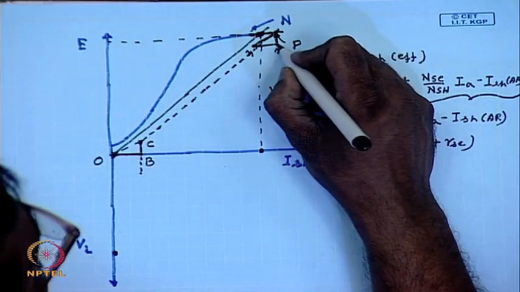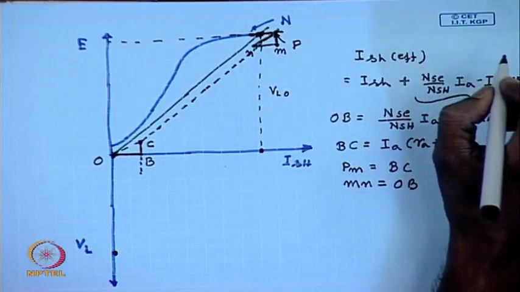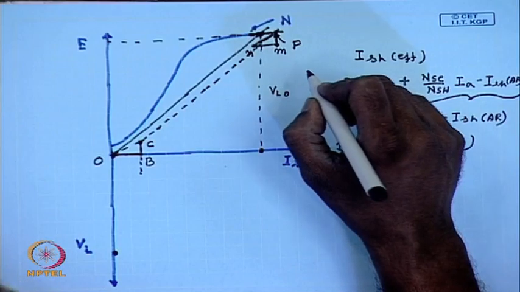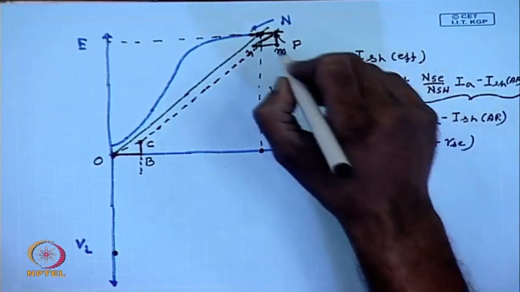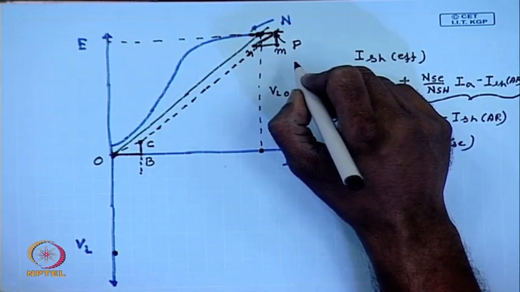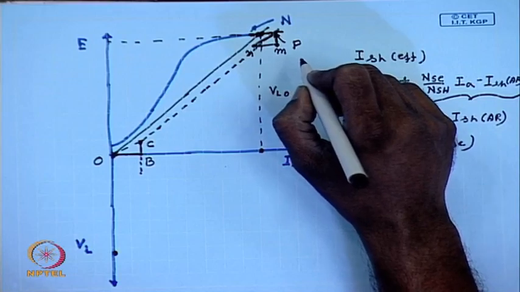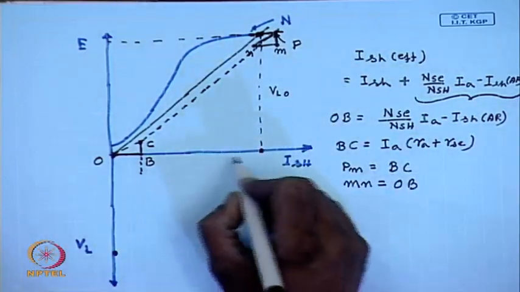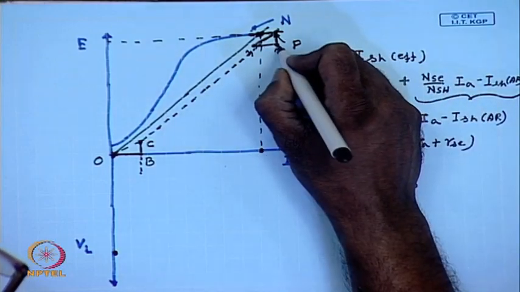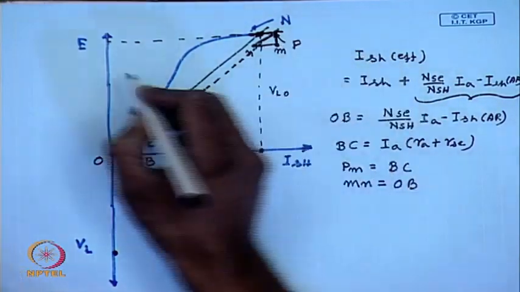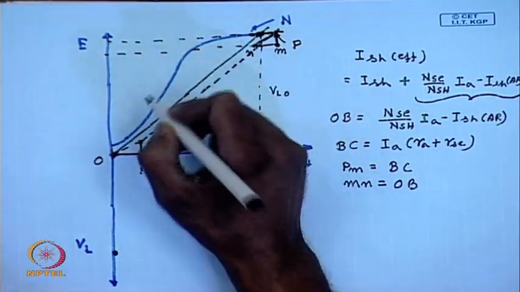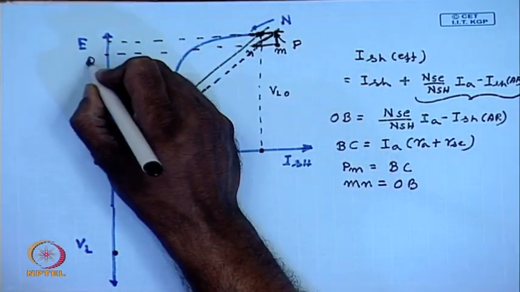Therefore, the terminal voltage at an armature current of IA will be given by the position of the point M, which is OQ.